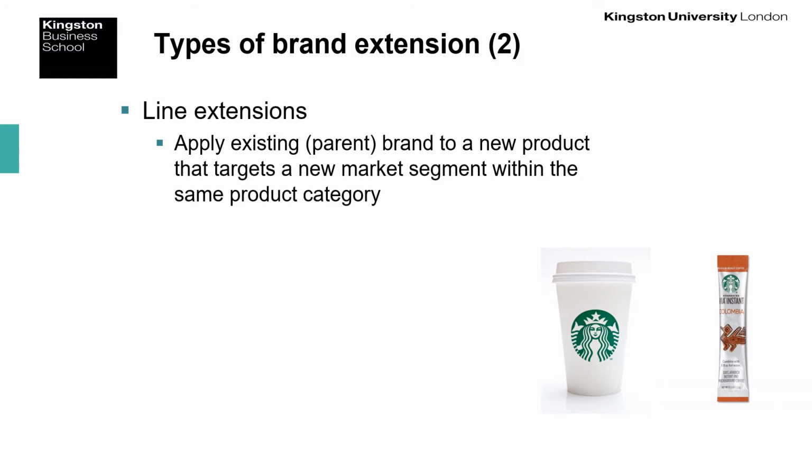So the same person can want different types of coffee for different usage situations. So this line extension into instant coffee could be very much about targeting existing Starbucks coffee shop users who love their Starbucks Americano or their cappuccino, but want to try to recreate that Starbucks experience at home or in their office.